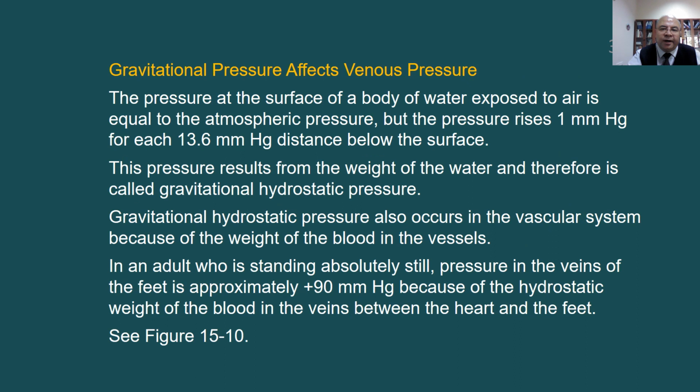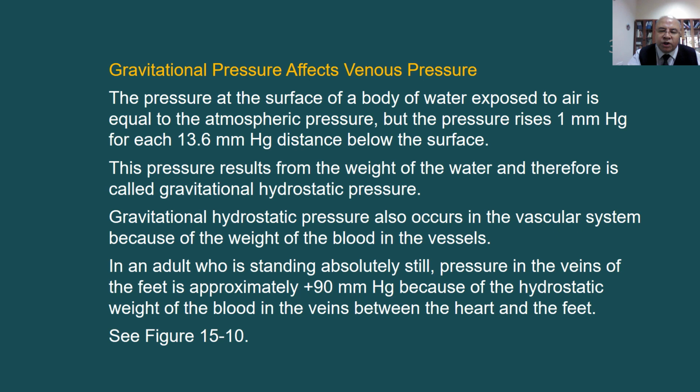Gravitational pressure affects the venous pressure. Pressure at the surface of a body of water exposed to the air is equal to the atmospheric pressure, but the pressure rises 1 mm mercury for each 13.6 mm distance below the surface. This pressure results from the weight of the water and therefore is called gravitational hydrostatic pressure.